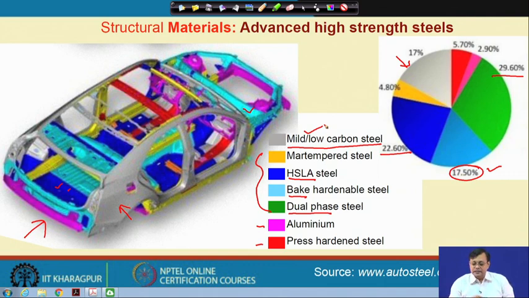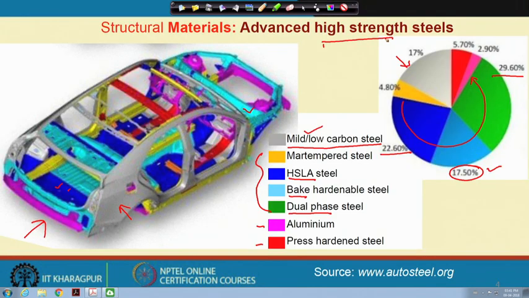So, one can see how a large amount of advanced structural steels are used these days even for making a car, and the demand is also high to develop these high strength steels.